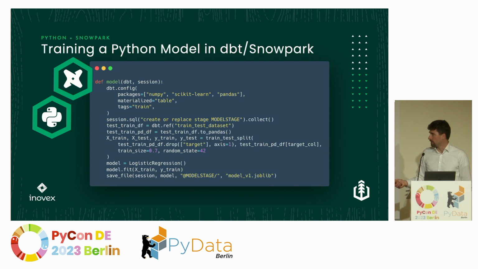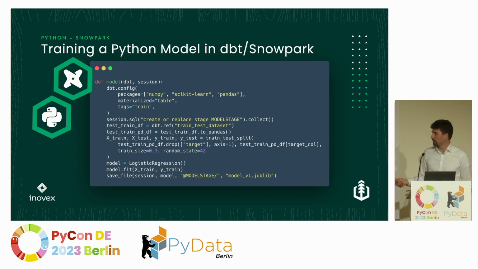Then we reference another table, or in dbt terms a model, the train test data set. This is not shown here, but in the whole tutorial this was done using SQL within dbt. So you reference this table, and what you get back is, in this case, a Snowpark data frame.